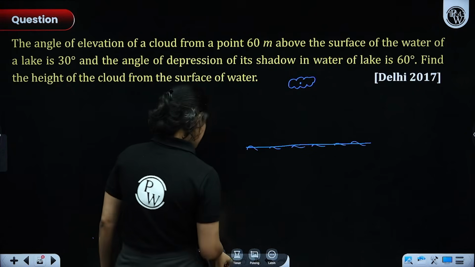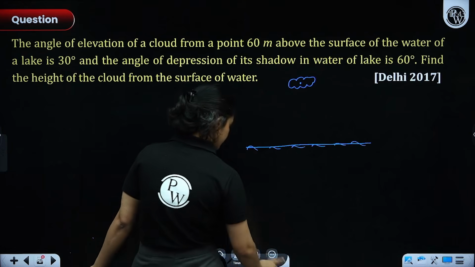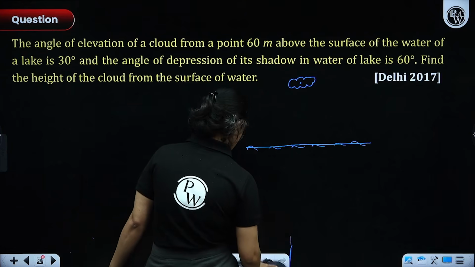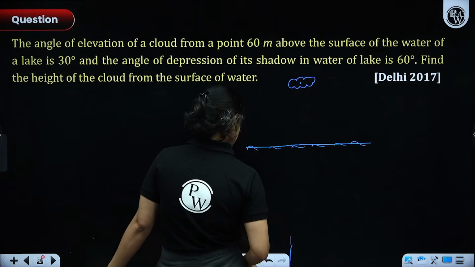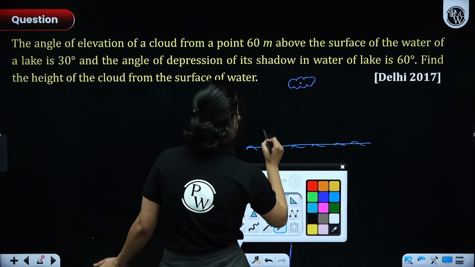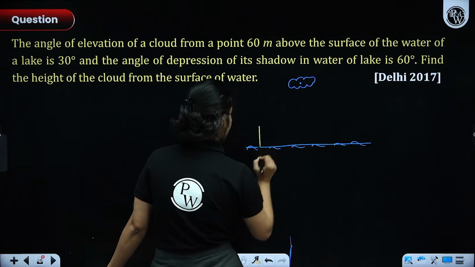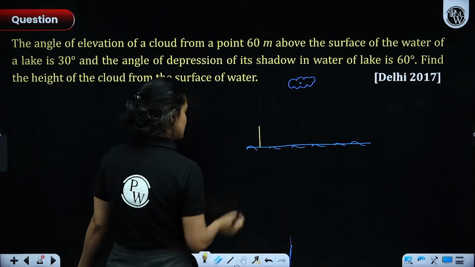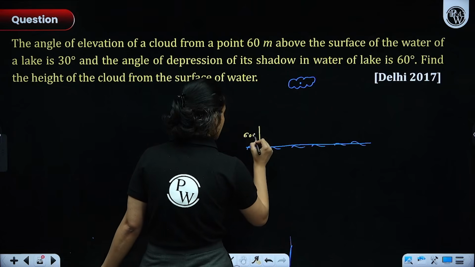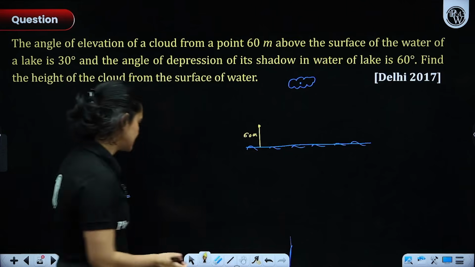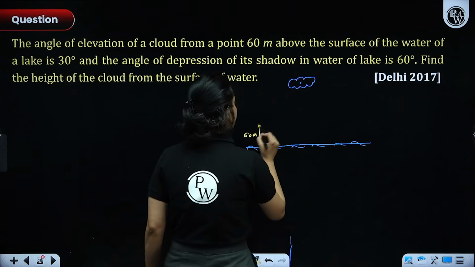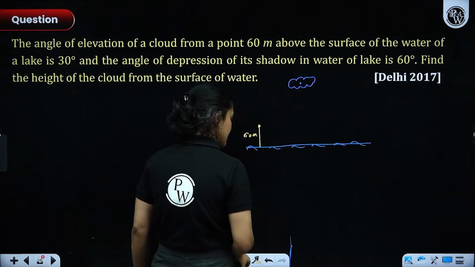From 60 meter above the surface of the water, so let's just suppose that this here is 60 meters. Okay, the cloud is observed and the cloud is point size. Okay, and its angle of elevation is given. So first of all, how will you make the angle of elevation?